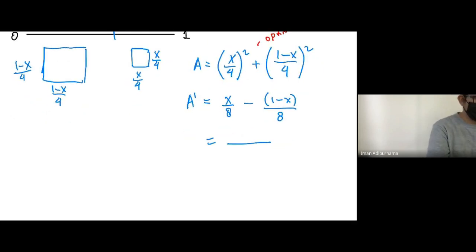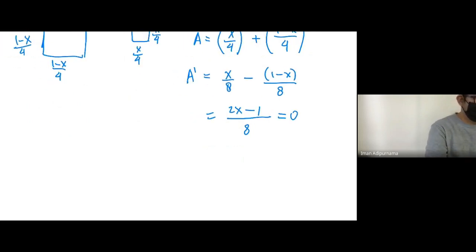So this will be 8 and then 2x minus 1. And if we set this to 0, our critical point seems to be x equals half.